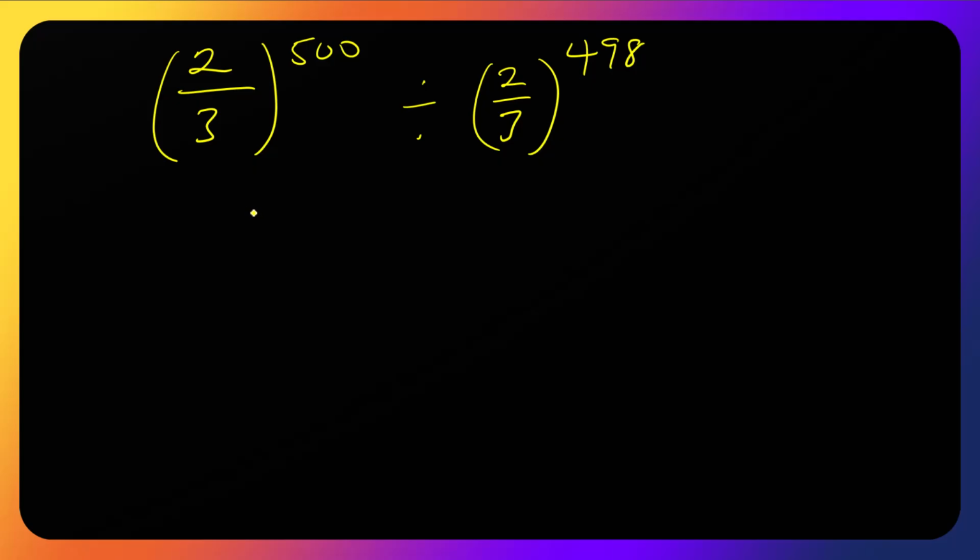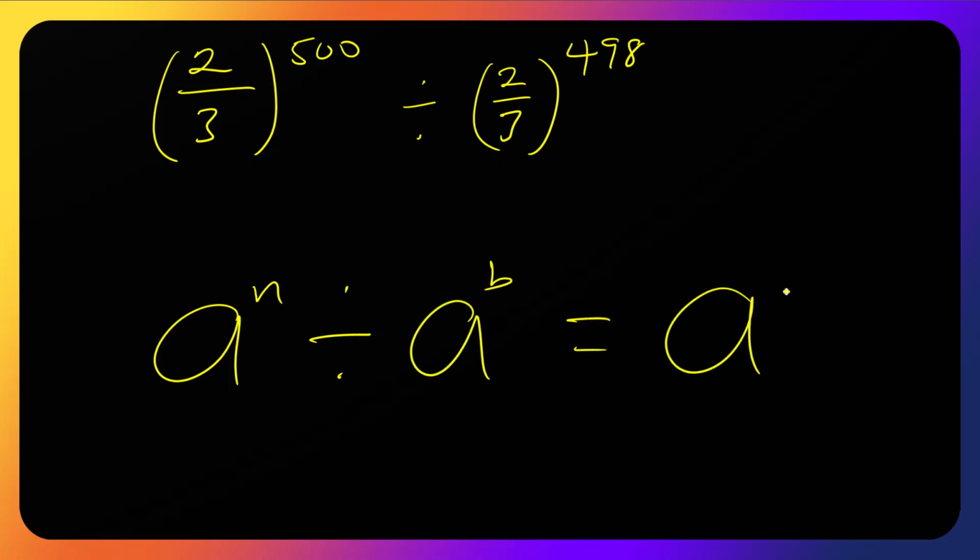So from here, since we are dividing, when we have a to the power n divided by a to the power b, the answer is a raised to n minus b. So since the bases are equal, we can proceed with the powers.